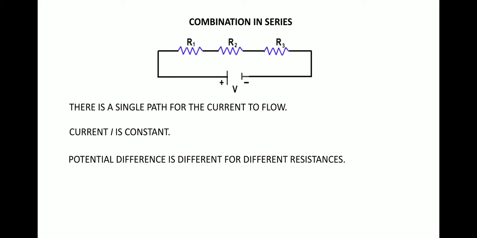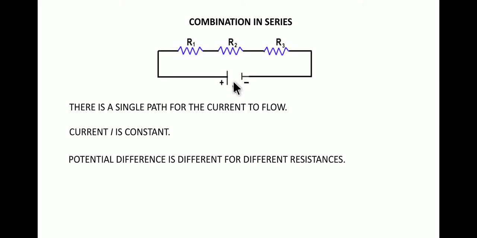But the potential difference for this particular circuit, from this end to this end, cannot be different. It has to be the same. That means the potential difference across the terminals of the cell has to be fixed.